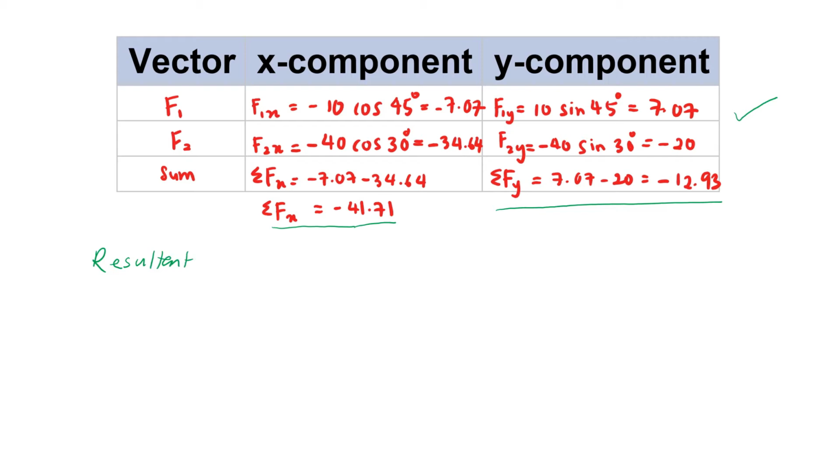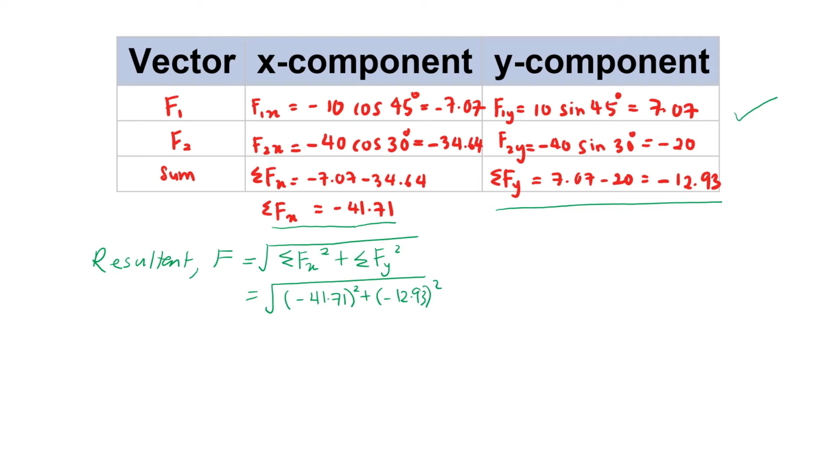The formula is the square root of the summation of force in x component squared plus the summation of force in y component squared. Now you substitute the values: negative 41.71 squared plus negative 12.93 squared, and you get 43.67 Newton. This is the magnitude.